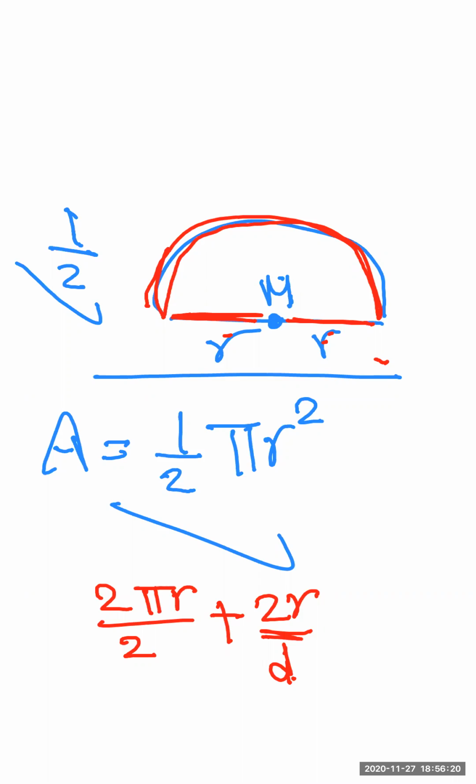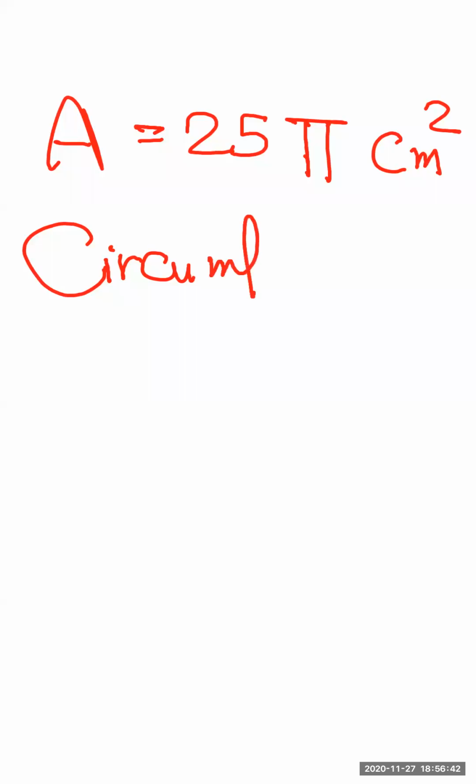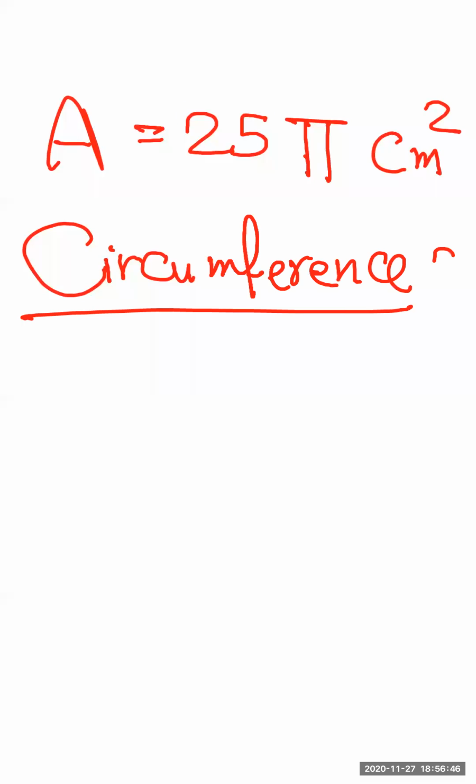Okay, great. Then one example on the circle. If the area of the circle equals 25 pi squared centimeters, calculate the circumference. Area equals what?